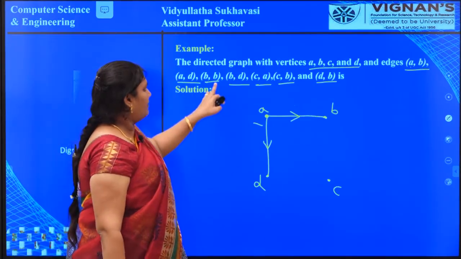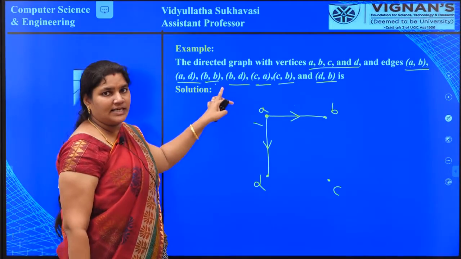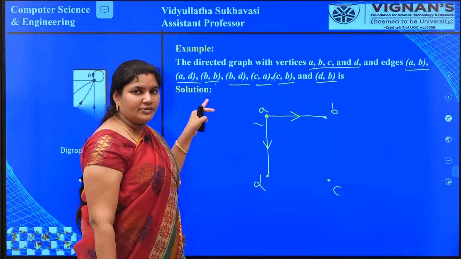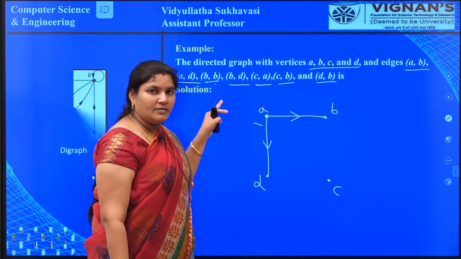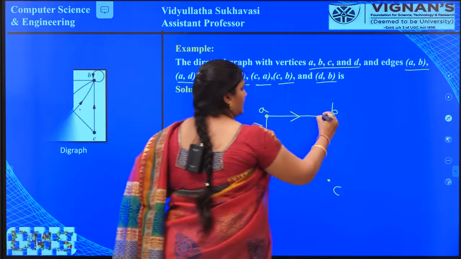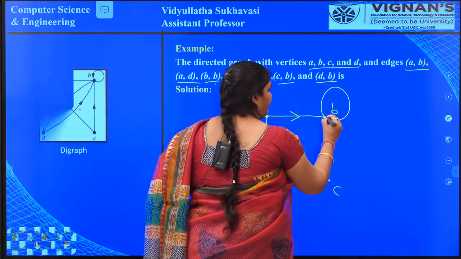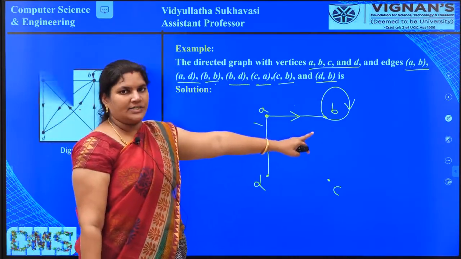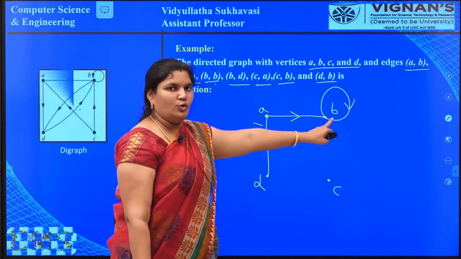And next B comma B. Here both the elements are the same. If both the elements are the same, how do we represent it in a directed graph? Yes, good. With the help of a loop. That means from B itself we need to draw an arc like this and specify the direction. This is the symbol for a loop.